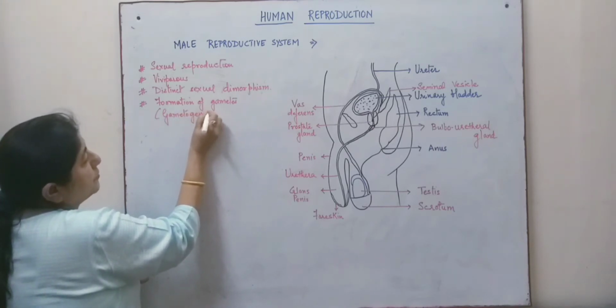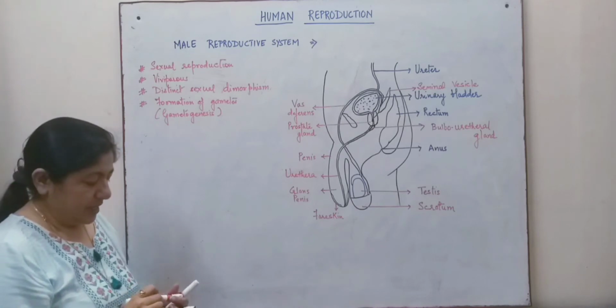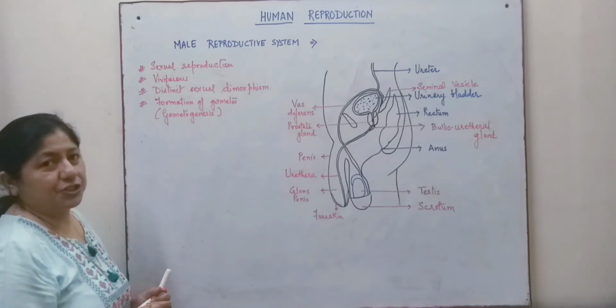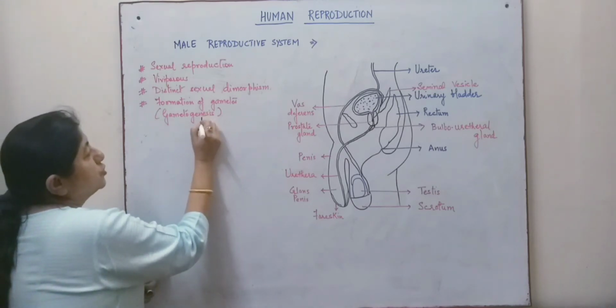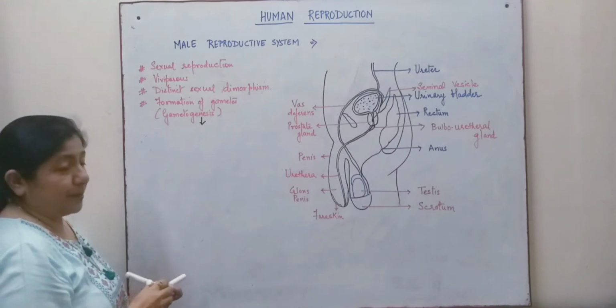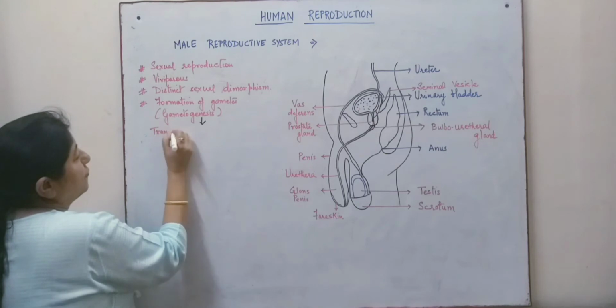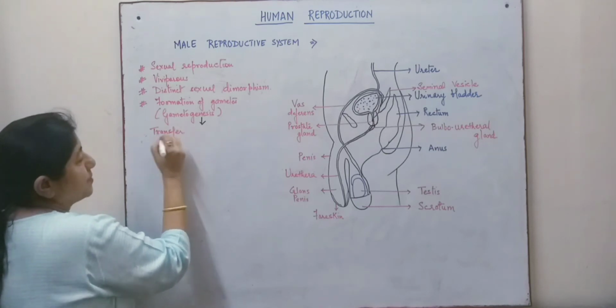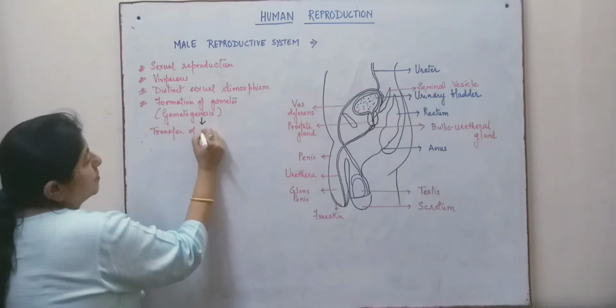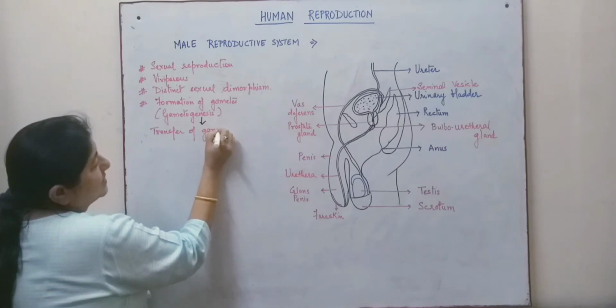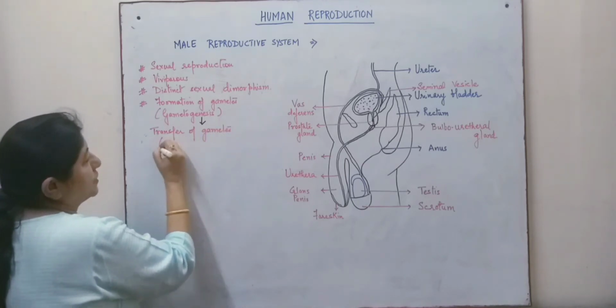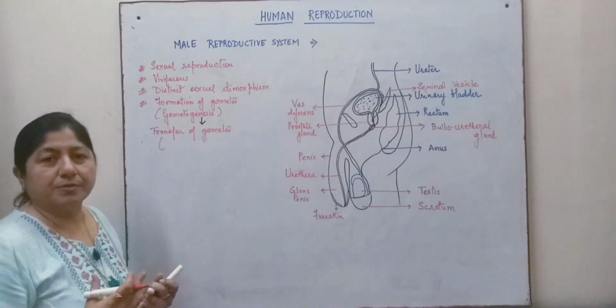Now, after the formation of the gametes, these gametes need to be transferred. So, the second step over here is the transfer of gametes, and it is important because unless the gametes are transferred, they will not be able to meet.